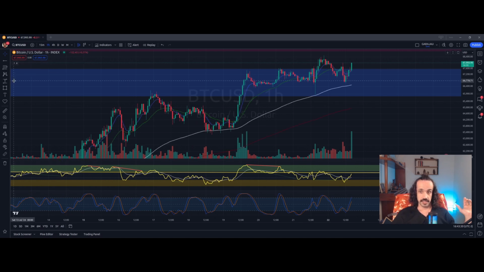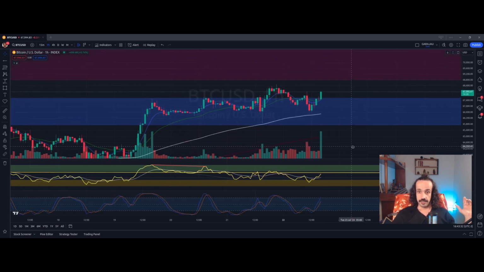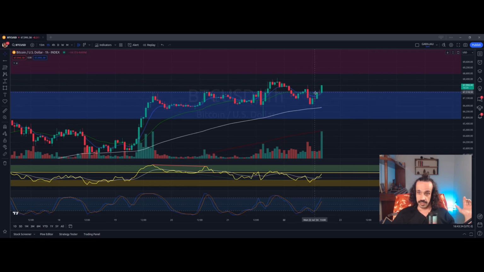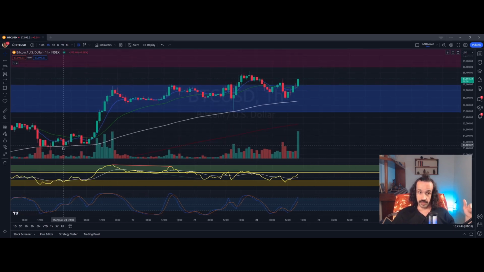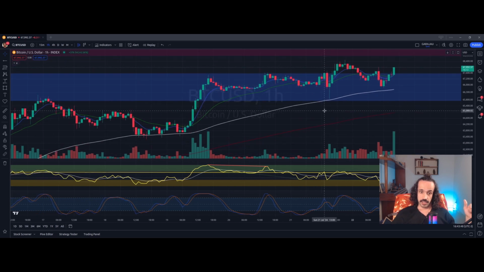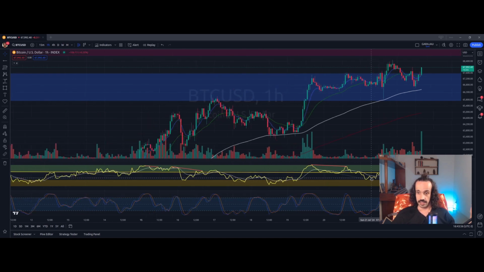Taking the EMAs into consideration, we're getting good support on the blue and green, which are the EMA 8 and 21 respectively. When the EMA 100 is a support on the 1 hourly, it's usually a pump, and we're having this pump.